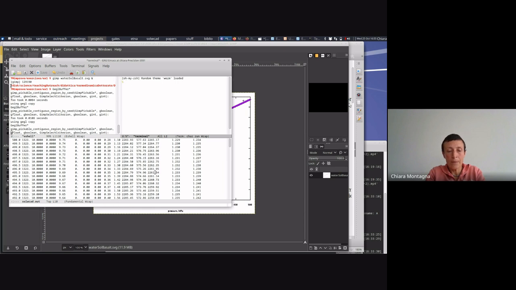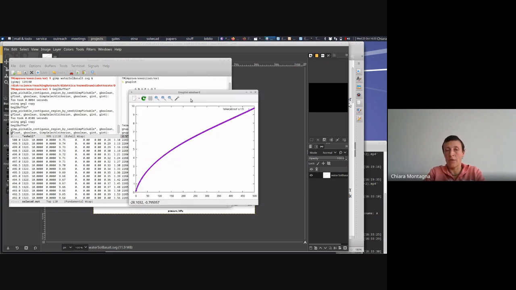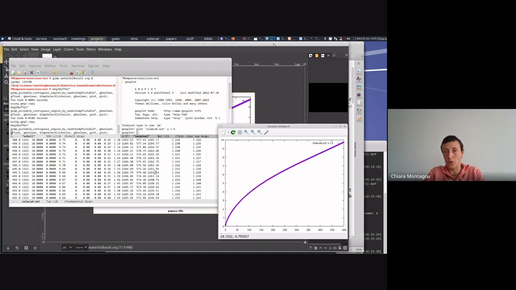Where are we? Okay, we're here already. And then you just type plot and the name of the file that you want, and we want to plot the first column against the fifth column, that is pressure against dissolved water content. And you see that the graph is exactly what I have just shown you.